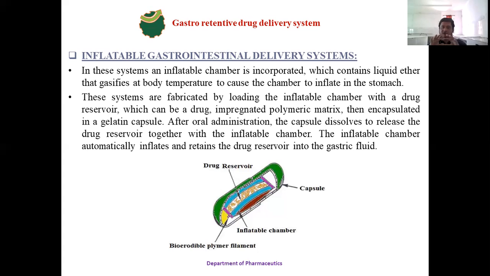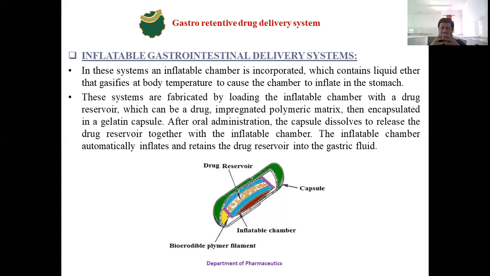It contains the drug and a liquid which will gasify at body temperature. The total chamber is normally encapsulated in a capsule shell, or you can say a gelatin capsule. Once we take it, the gelatin shell will degrade or dissolve. Then the chamber is exposed to GI fluid or gastric fluid in the stomach, and the liquid is converted to gas.